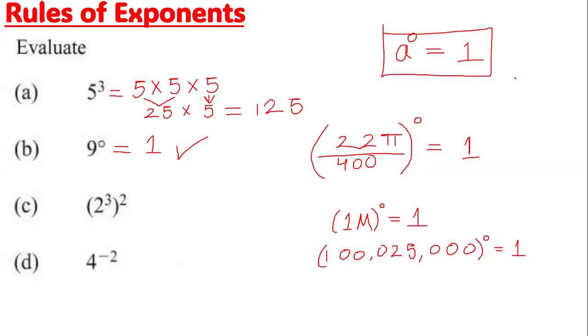Random person, Crimson. Yes, sir. What is 723,800 to the power of 0? 1. Good. Excellent. You passed the test.